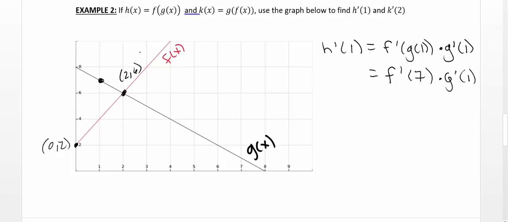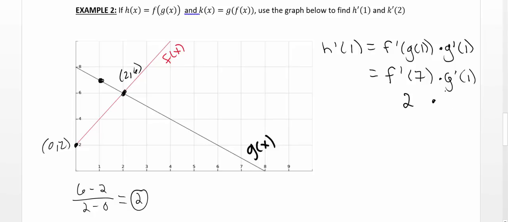So if I do the change in y over the change in x, I'm going to have 6 minus 2 divided by 2 minus 0, which is going to give me 4 divided by 2, which gives me 2. So the slope of my line is going to be 2 at every single point. And since the tangent line lies on the line, that means that the derivative is 2 for every single point on f of x. So that means at 7, f prime of 7, the slope is 2.